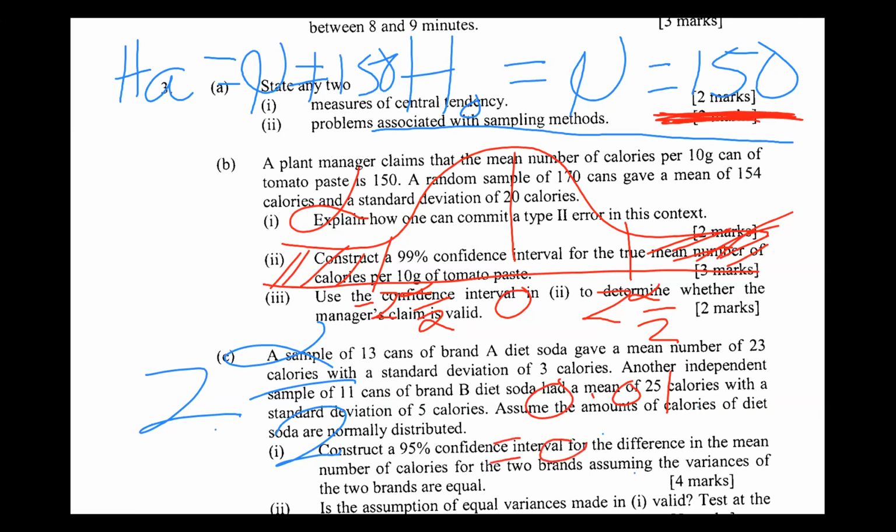So this will be 0.005 as our alpha. So our significance level will be equal to what? 0.005, right? That's our alpha this side.